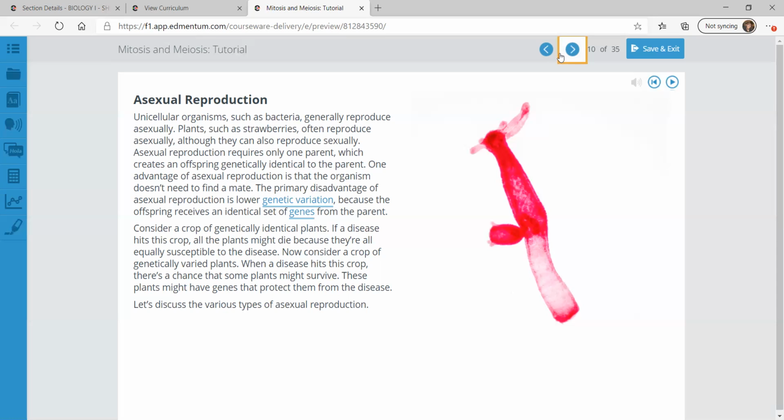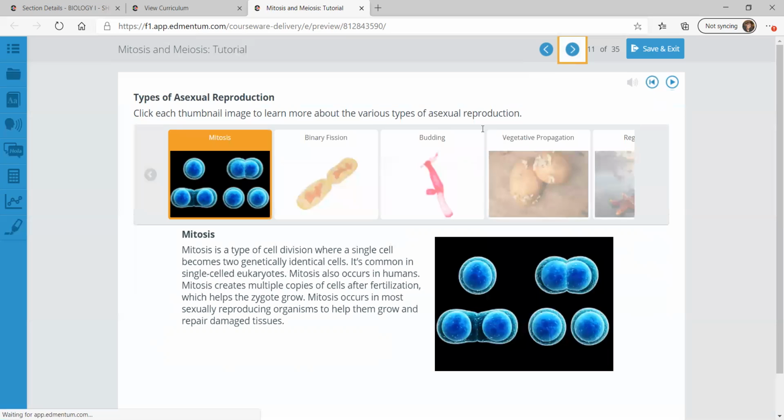And let's discuss the different types of asexual reproduction. First, we have mitosis. Mitosis is a type of cell division where a single cell becomes two genetically identical cells. It's common in single-celled eukaryotes. Mitosis also occurs in humans. Our cells actually divide by mitosis.